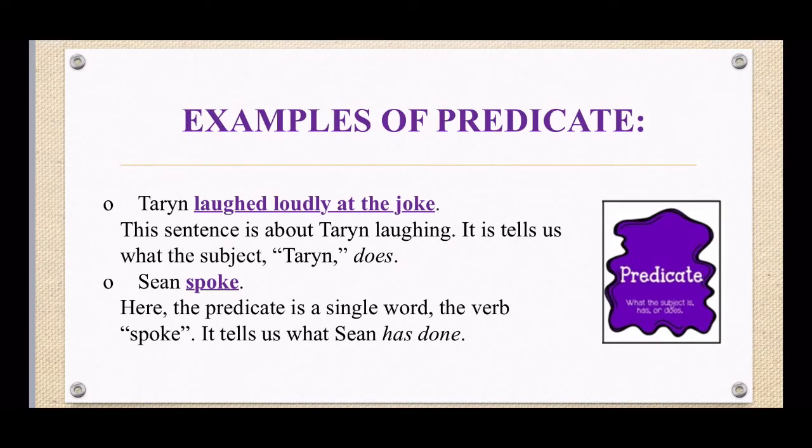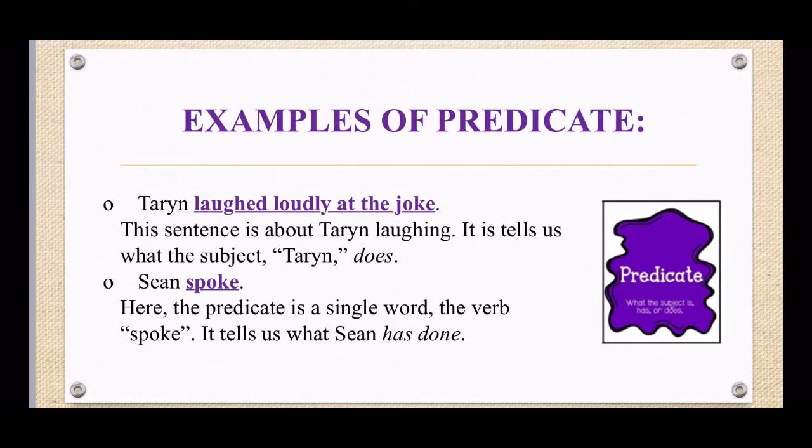Taryn laughed loudly at the joke. So this sentence is about Taryn laughing. It tells us what the subject, which we know is Taryn, does, right? So it's explaining what action she is doing, right? And that's a predicate. Tells us what the subject is, has, or does, right?